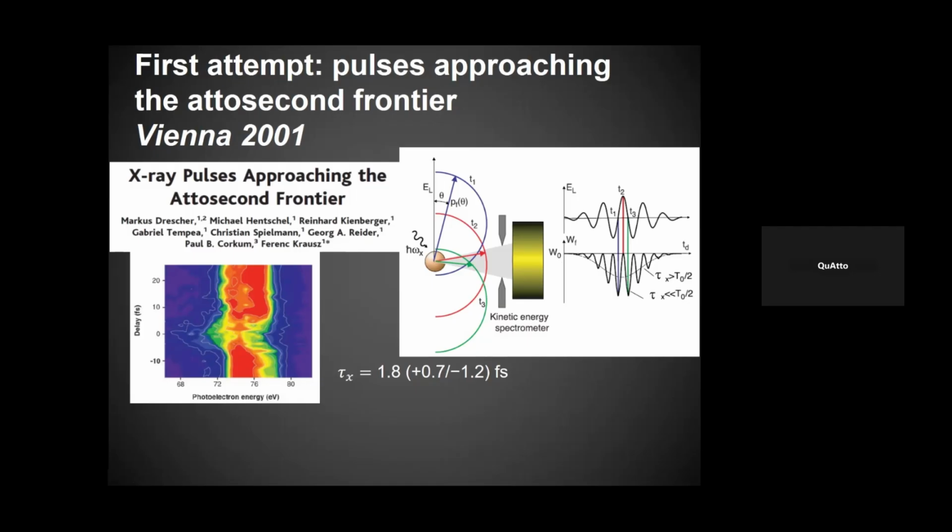You don't expect to see the vector potential anymore when you change the delay, but you expect to see a periodicity which is twice the one of the vector potential. So in this first attempt, they could measure a pulse duration of 1.8 femtoseconds, so very close to a 1 femtosecond pulse, but not yet there.